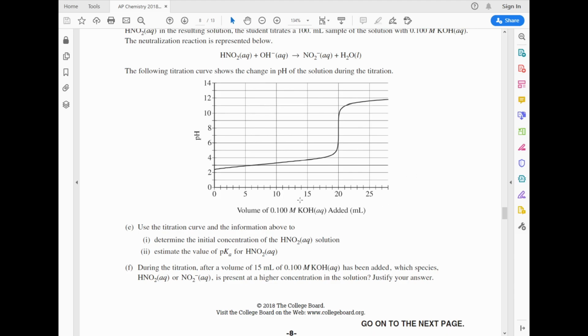So at 15, you're past the half equivalence point, which means that you have more NO2 minus than you do HNO2. And a justified sentence might be something like, you have more NO2 minus. The titration is past the half equivalence point, therefore there will be more conjugate base present than acid. Just definitions of half equivalence points. And that is 2018 AP Chemistry number 2.